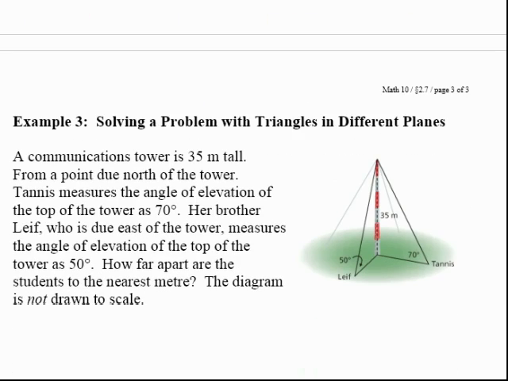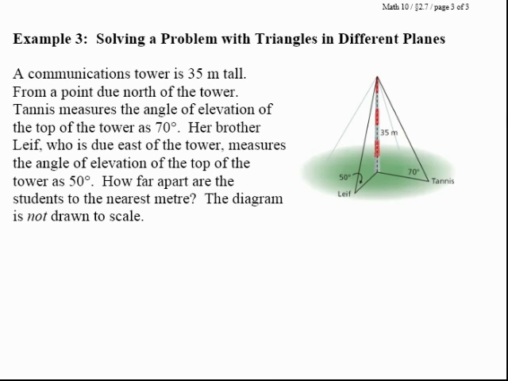Now, this is the confusing example because we are not in a plane. I will go over this example in class as well with some handy-dandy foldable things that I can show you. Okay, so communications tower. This one's not too bad because it is drawn for you.